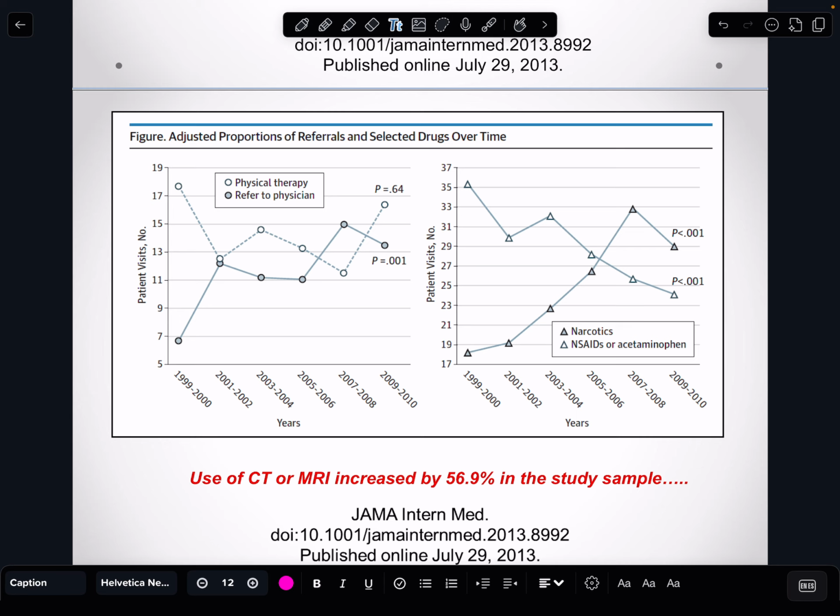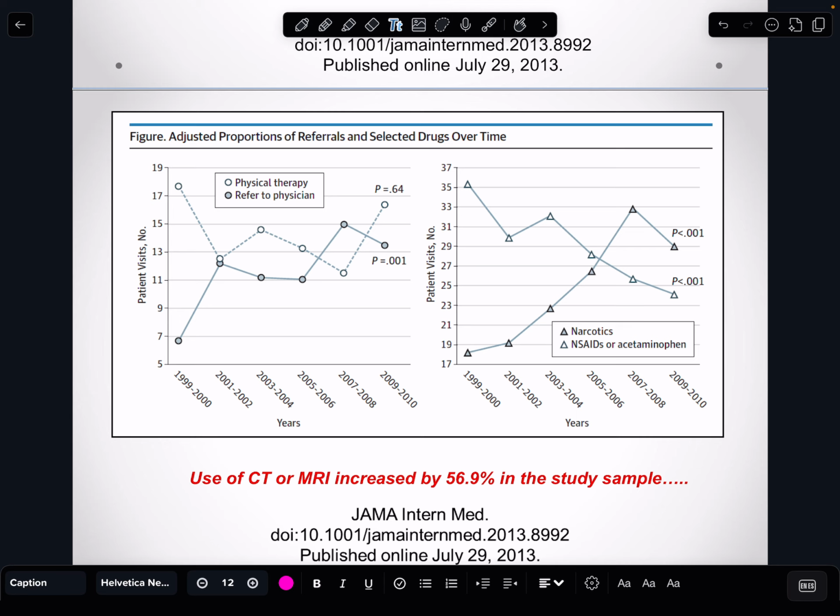This looks at opioids versus NSAIDs or acetaminophen. The opioids have gone up, while NSAIDs and acetaminophen have gone the opposite direction. And on top of this, 60% of these patients were getting some type of advanced diagnostic imaging. So this is what guideline discordant care relates to.